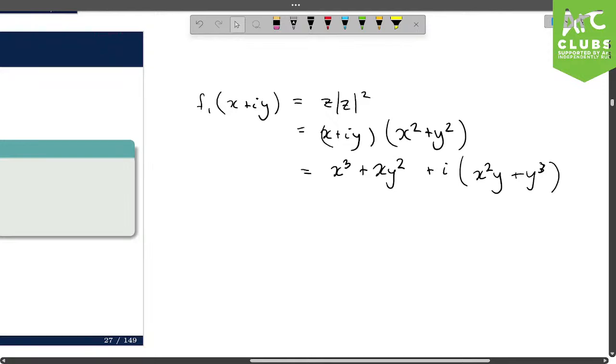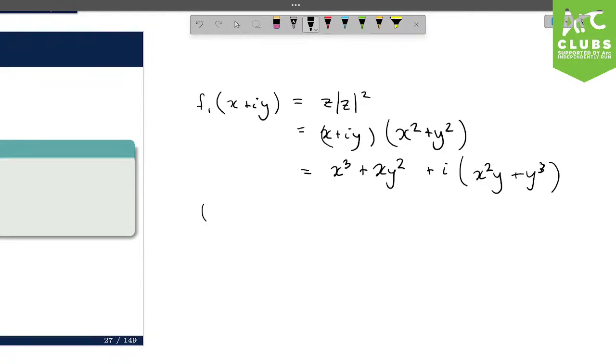So let's see what that looks like when it's substituted into our equations. Our first equation is that delta u over delta x is equal to delta v over delta y. That's equivalent to saying the derivative of the first part with respect to x, which is 3x squared plus y squared, is equal to the derivative of the second part with respect to y, which is x squared plus 3y squared.